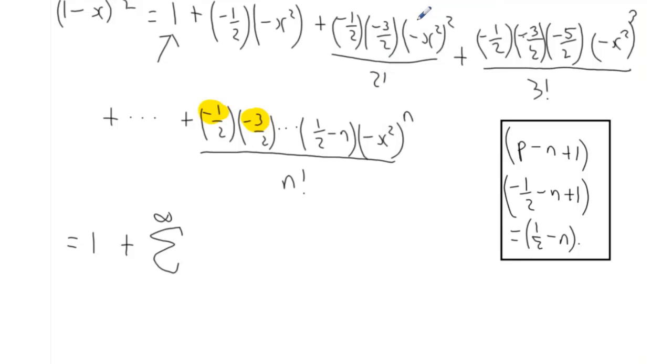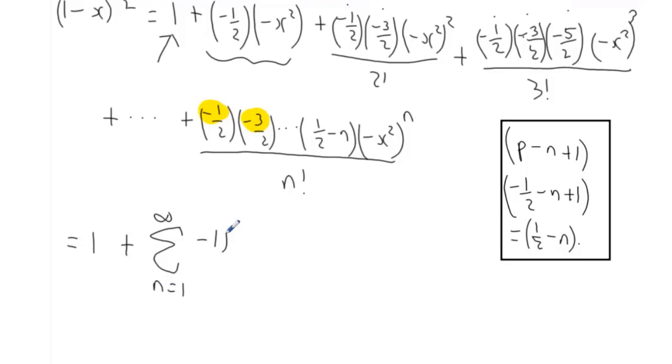So from those bits, just those minus a half, minus 3 over 2 being multiplied together, there's always a power of minus 1. So in the first term, remember, we ignore the 1, you've got minus 1 to the power 1 there. Here you've got minus 1 squared, that gives you the sign. The next one you've got minus 1 cubed. And it's evidently obvious now that n needs to start from 1.